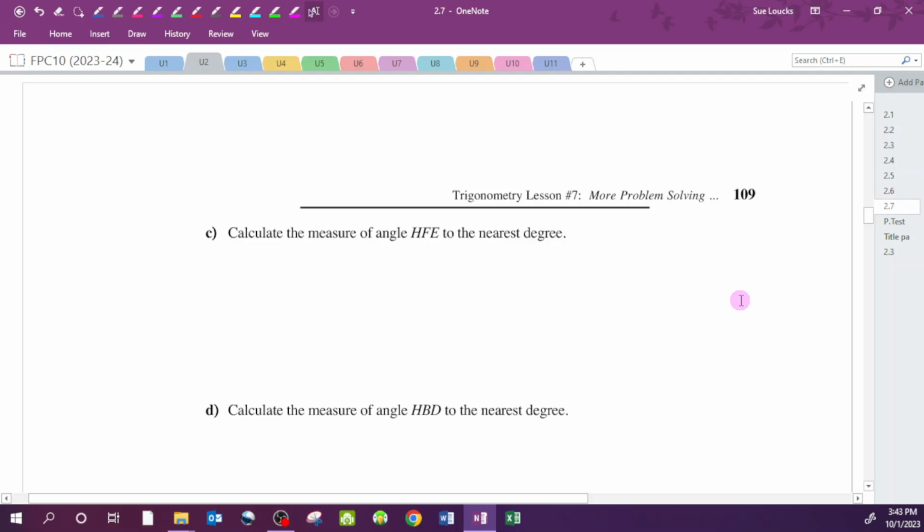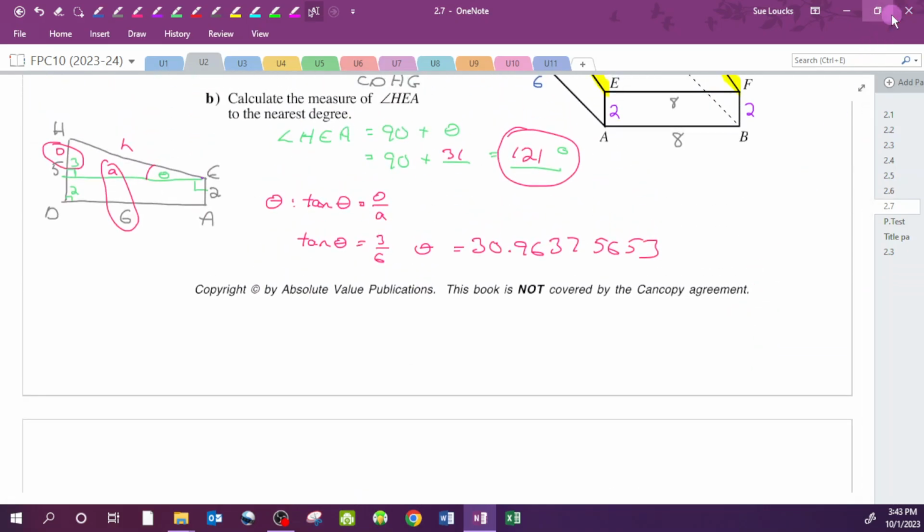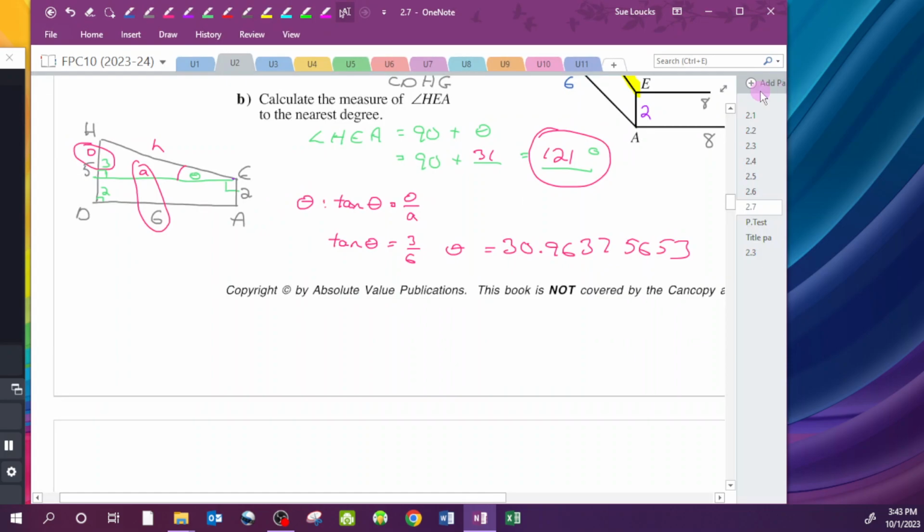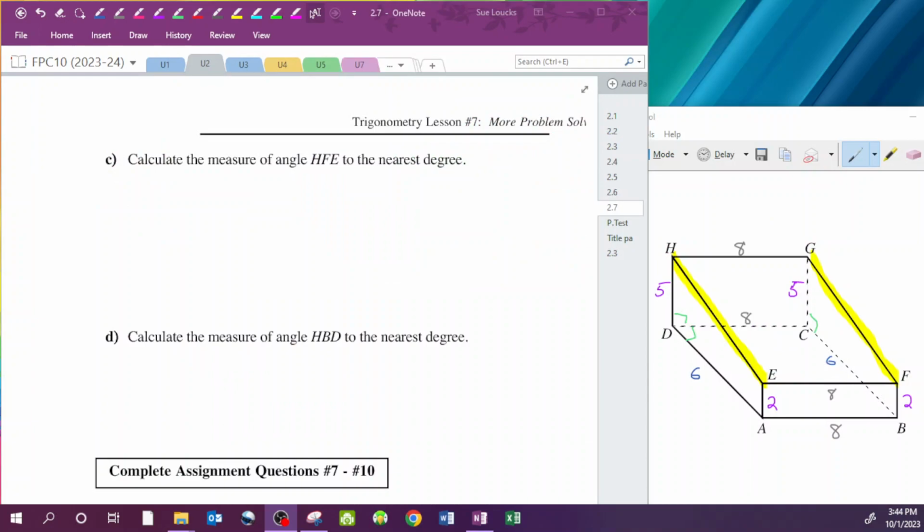Okay, just like magic, I now have a snip of the original drawing. We need to calculate the measure of HFE to the nearest degree. Oh, so we're looking at the top surface of this.